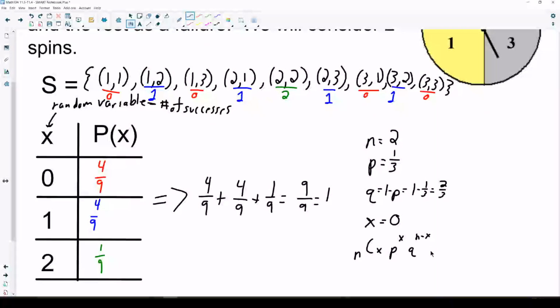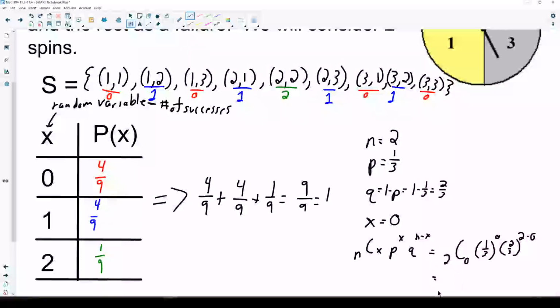Well, that literally means 2 choose 0 times my 1/3, which is my p, my probability of success, to the 0th power, times my failures, 2/3, to the n minus x, which is 2 minus 0 in this case. Which, if you plug it into a calculator, you'll see that it comes out to 4/9.